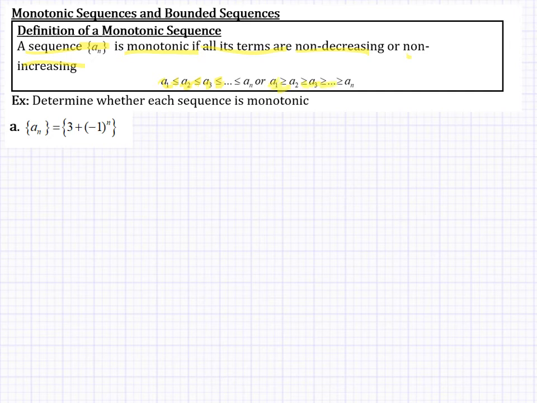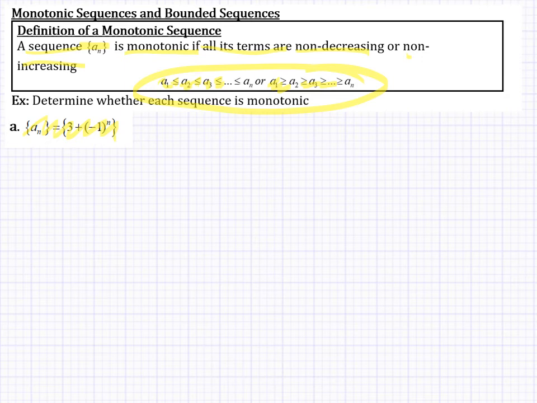So monotonic covers both, whether the terms are getting bigger or staying the same, or the terms are getting smaller or staying the same. And so if we want to determine whether or not a particular sequence like this is monotonic, we could do that by looking at whether or not these term inequalities are holding.